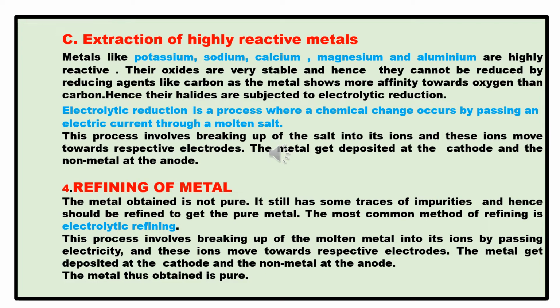ores. In geography, you are studying about the various minerals available in India and in other countries. And we even have metallic industries, where the minerals are converted into metals. So in all those industries, these are the steps they follow to convert a mineral, an ore, into a metal.